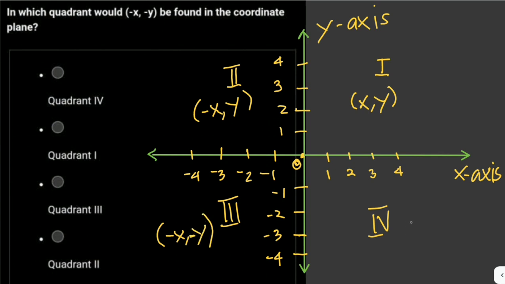And the values in the fourth quadrant for our x is positive, and for our y, negative. Therefore, the answer here is quadrant 3, where both the values of x and y are negative.